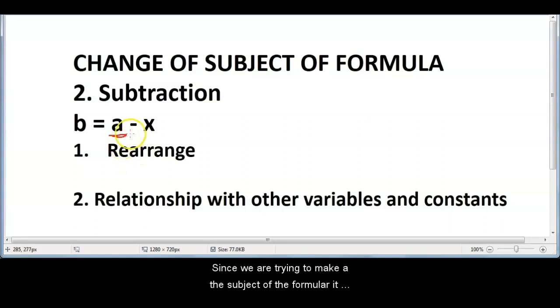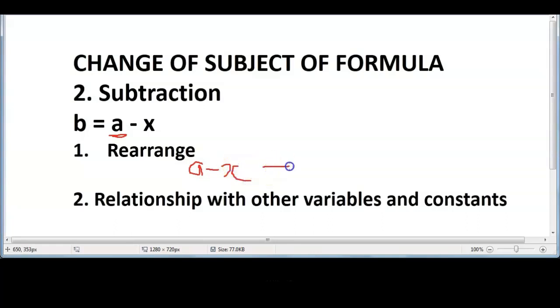Since we are trying to make A the subject of the formula, it means A minus X will transfer to this side of the equation. It's going to be A minus X equals B.